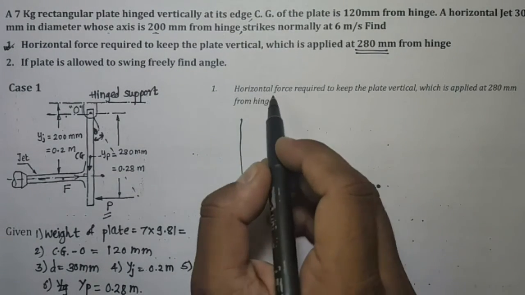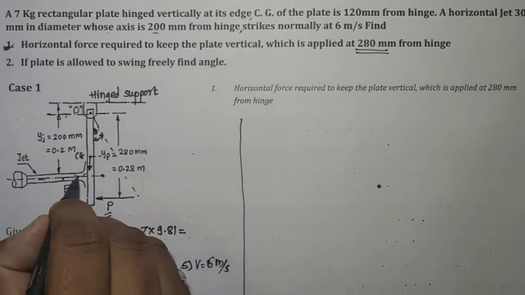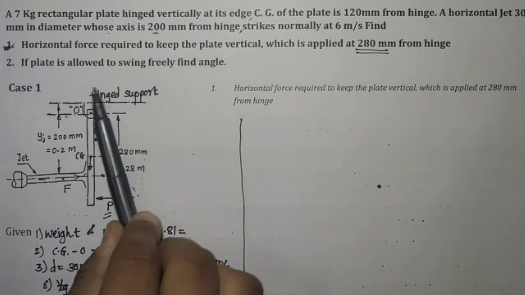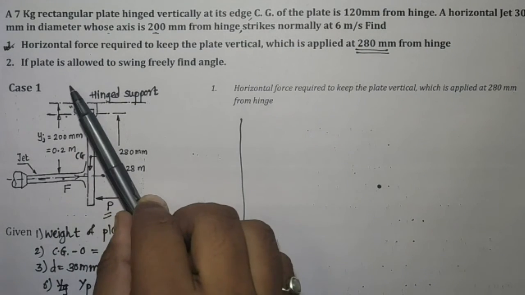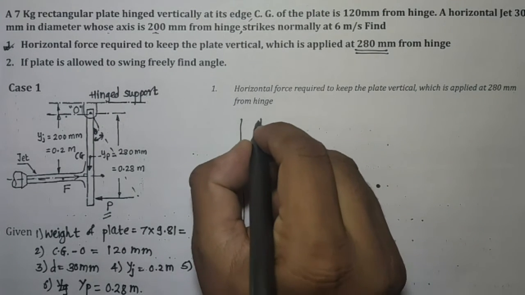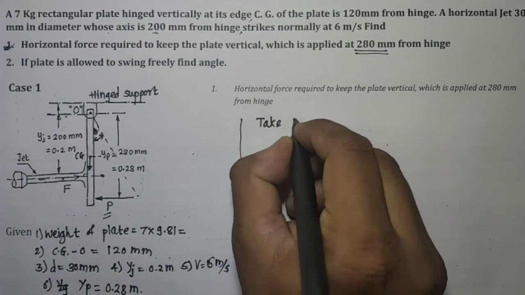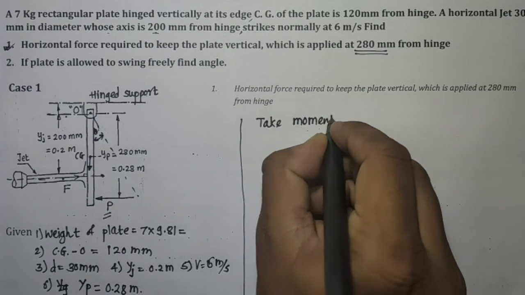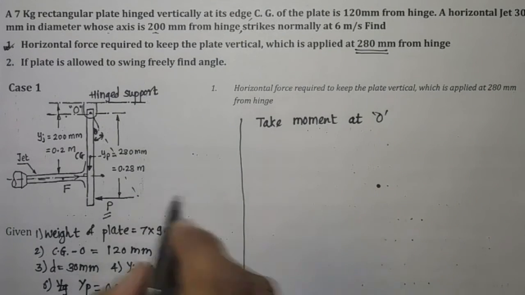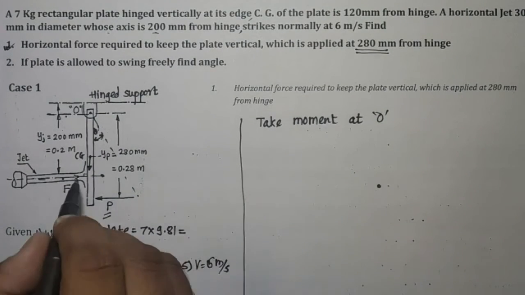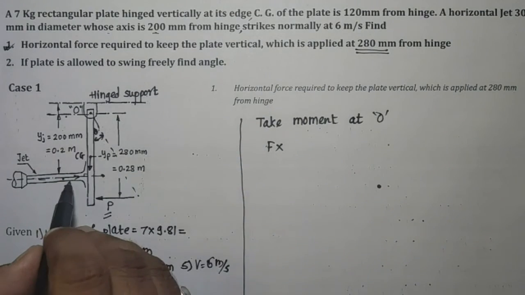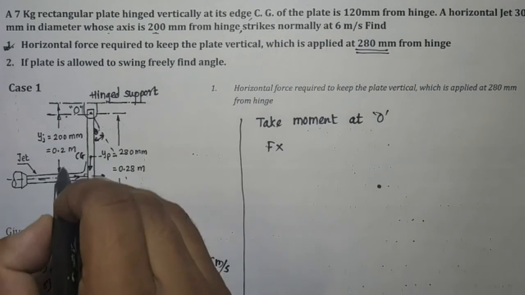To keep that particular plate vertical, obviously the jet force causes the plate to displace in this direction, to make it swing like this, and this force P is the counteracting force. So we can take moment at O and write down that equation. The moment of a force is the force into the perpendicular distance.